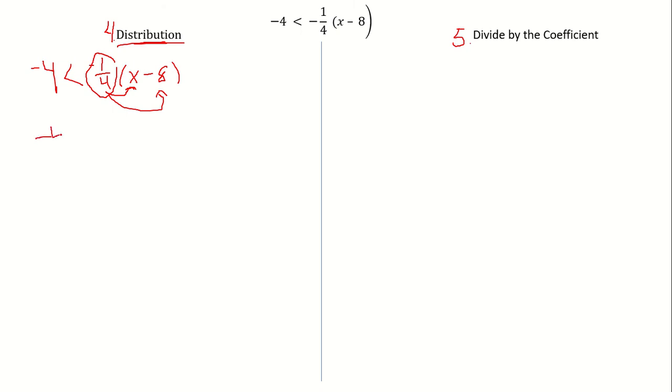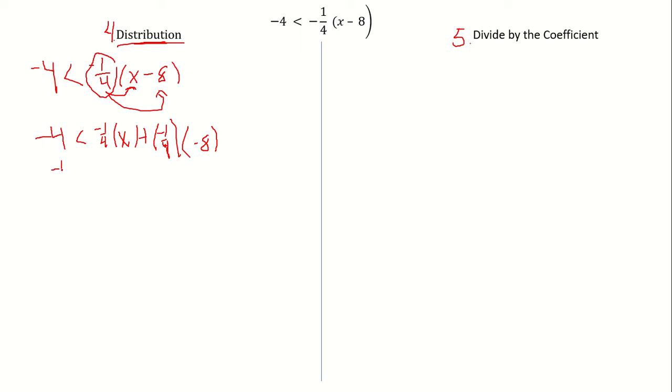So this is going to become -4 is less than -1/4 times x plus -1/4 times -8. Great, so -1/4 times x plus -1/4 times -8.